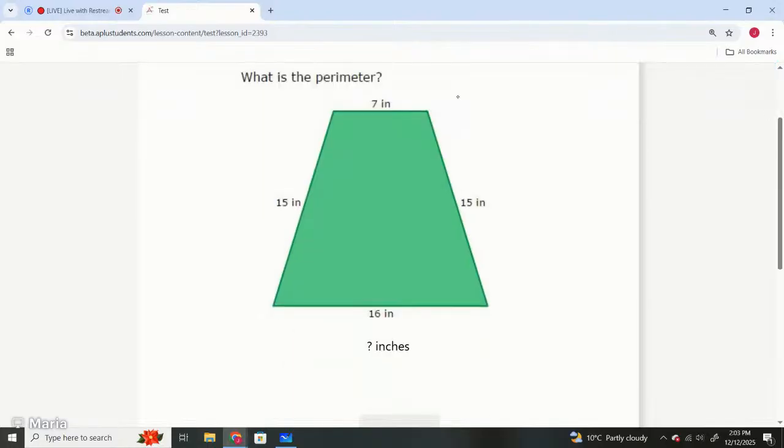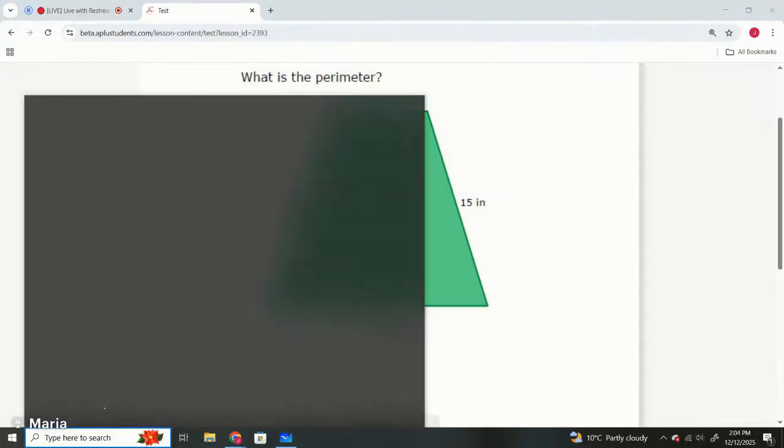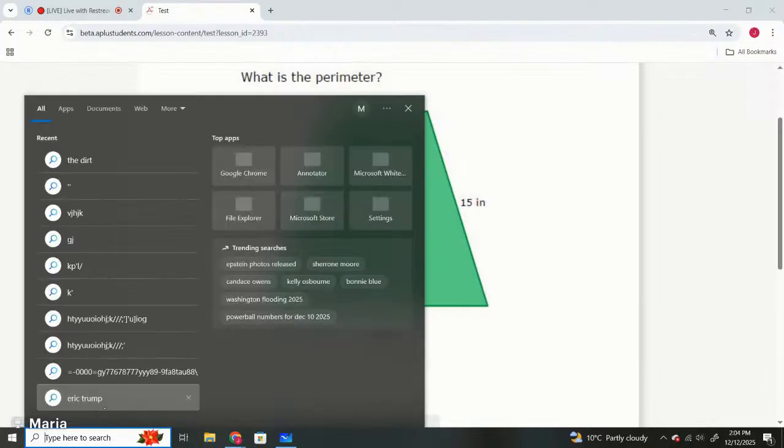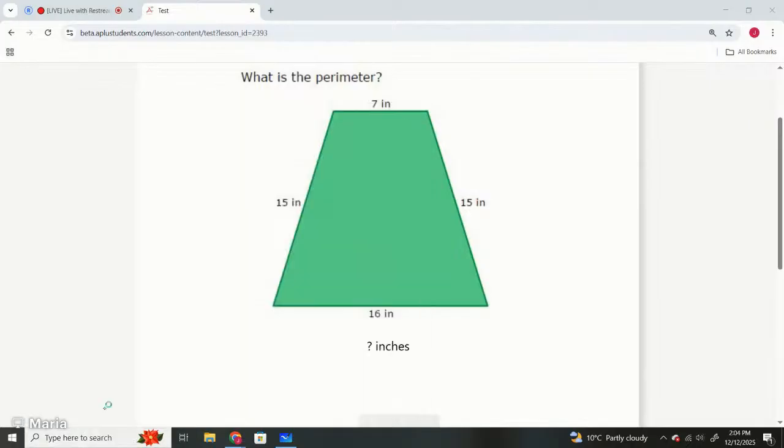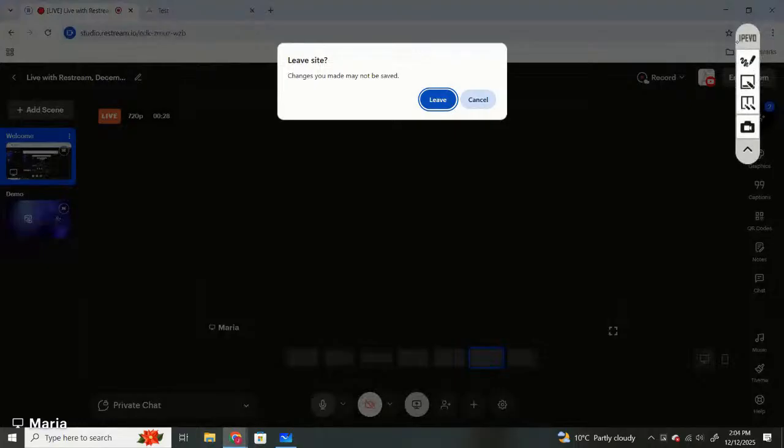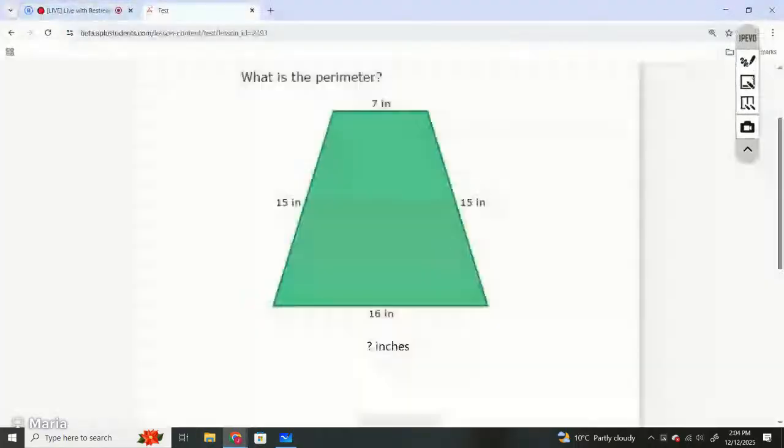What is the perimeter? For the perimeter, we need to add all the side lengths, right?